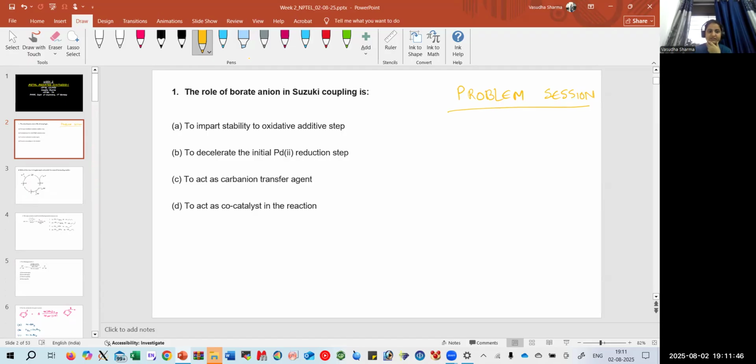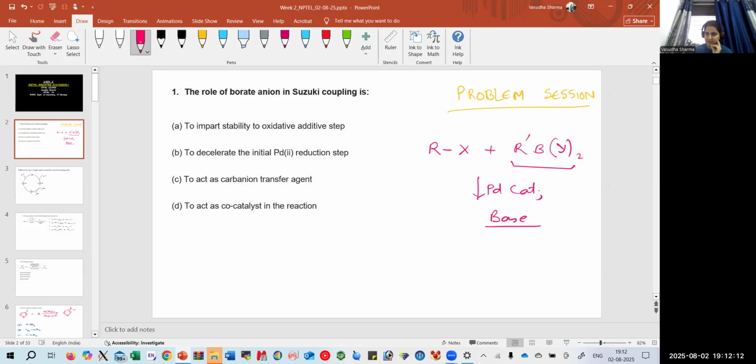So here, the first question says: the role of borate ion in Suzuki coupling is. Firstly, we need to see what a Suzuki coupling is. In Suzuki coupling, we have R dash BY2, which is an organoborane compound. And here we use a palladium catalyst, also a base.